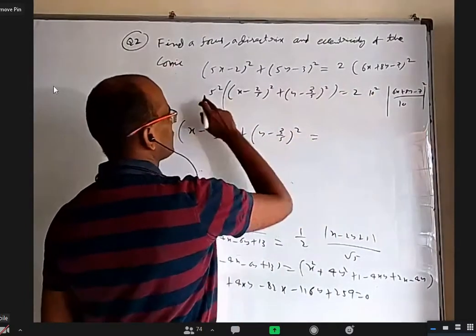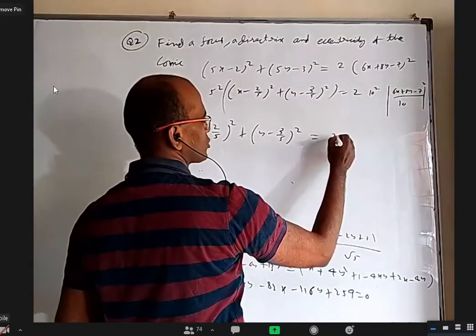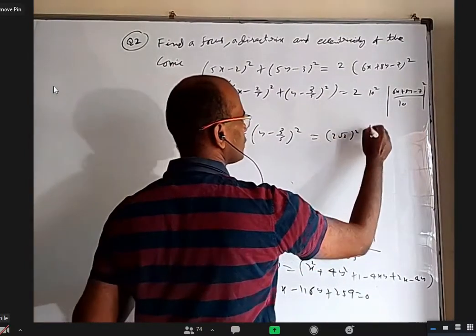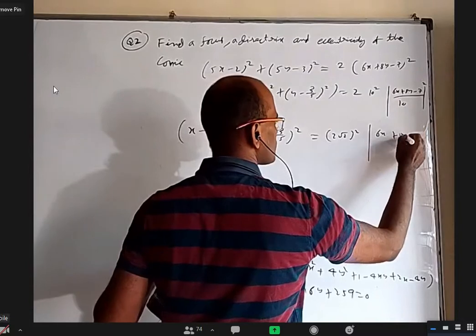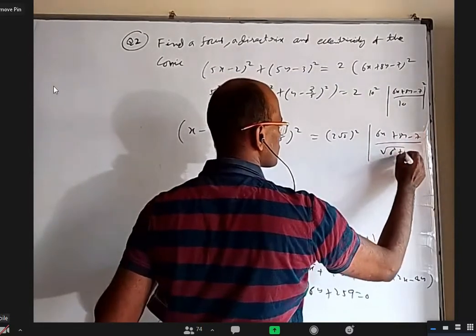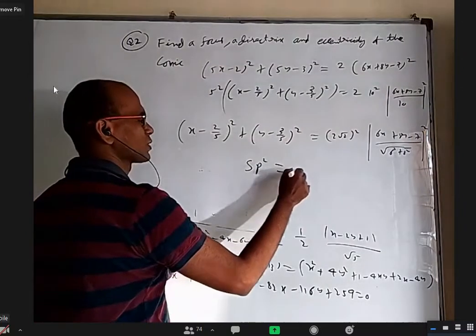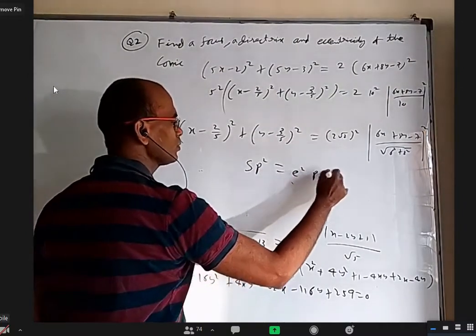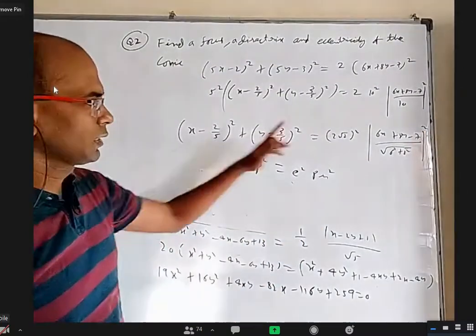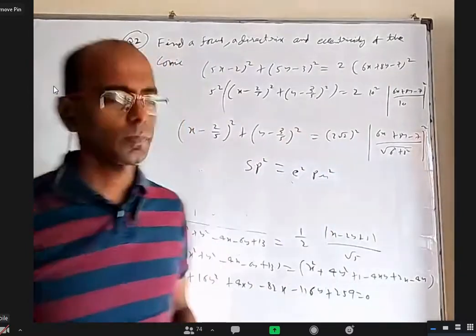This is 2 into 100 and this 24, so it will become 8, which is 2 root 2 whole square, mod 6x plus 8y minus 7 by root of 6 square plus 8 square, whole square. Now it looks nicely like SP square equal to e square into PM square. This is SP square, this is eccentricity square, this is PM square.